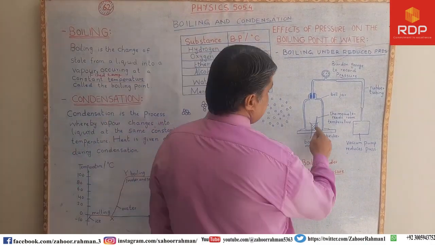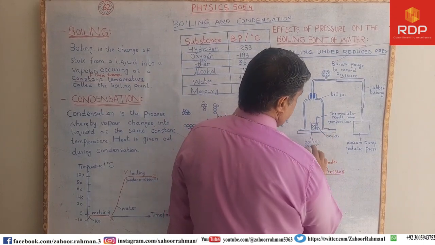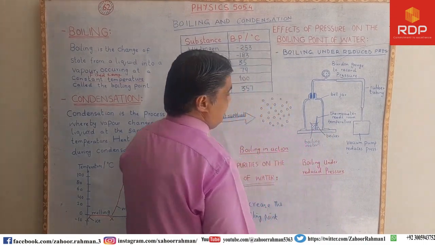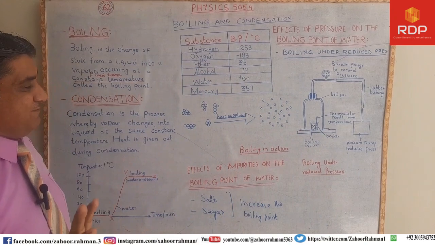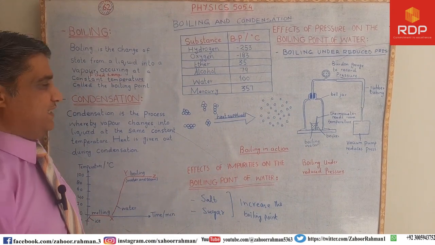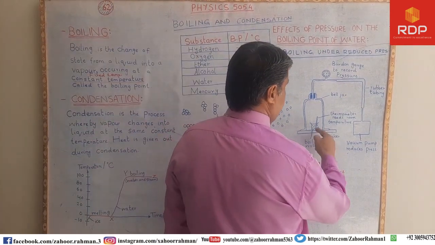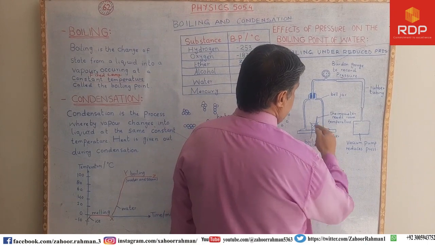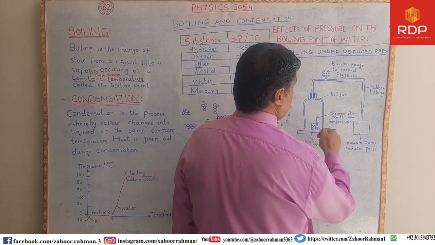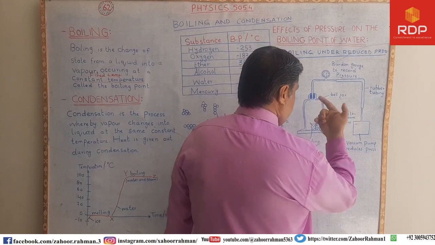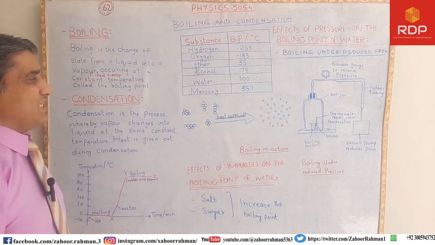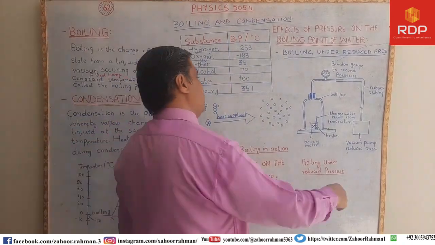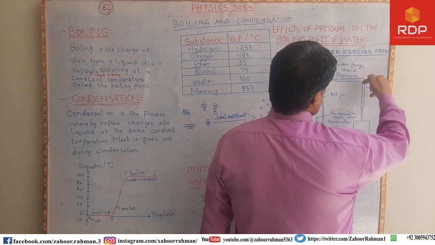So there is water inside a beaker. Very interesting phenomena we will observe here. In that water there is a thermometer which reads the room temperature. This is rubber tubing.